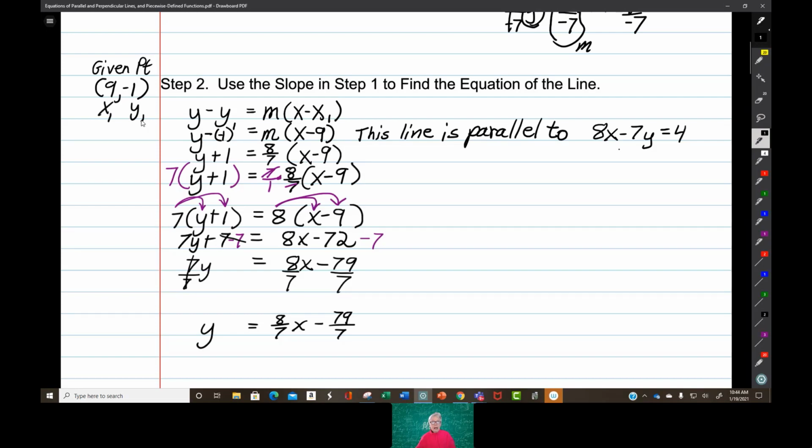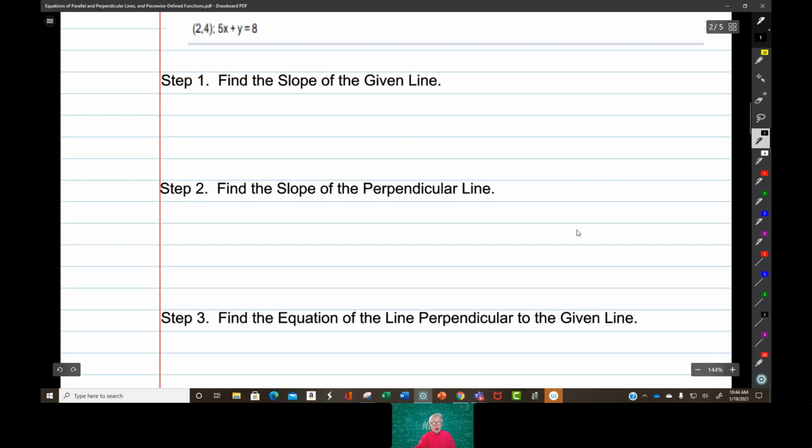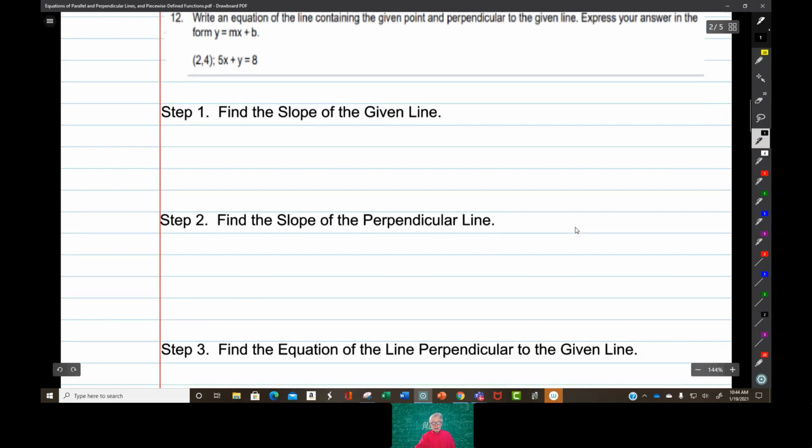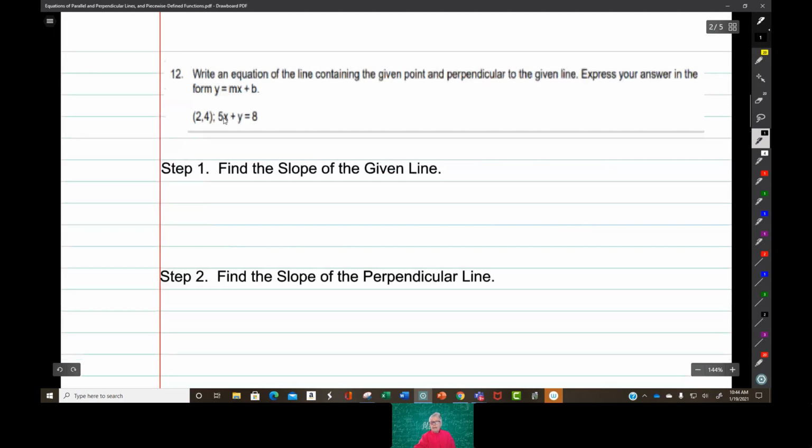Okay. Now we're going on to perpendicular, and that's a little more difficult. There are 3 steps. You do have a given line, and you do have a given point.